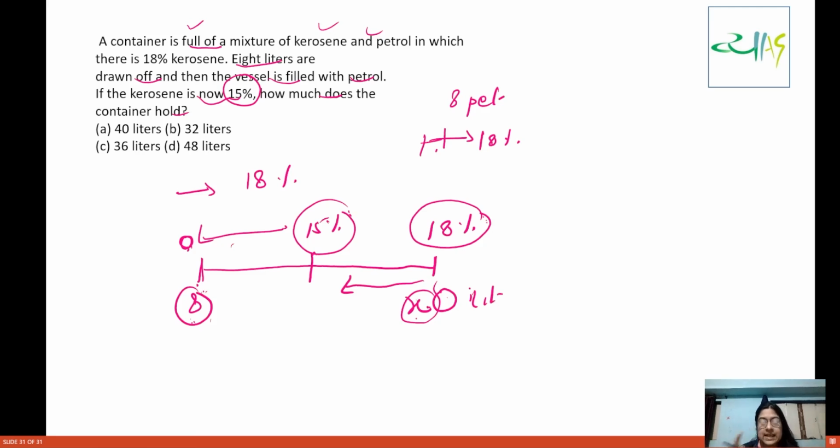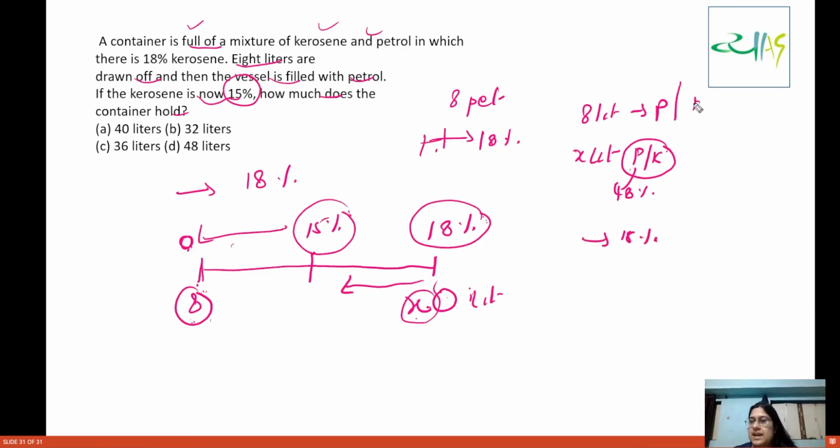Let me explain this in Hindi as well. मान लीजिए पहले आपको बोला होता कि आपको 8 लीटर पेट्रोल दिया हुआ है, ठीक है ना, एंड देन आपने उसमें x लीटर पेट्रोल और केरोसिन का मिक्सचर ऐड किया, जिसमें 18% केरोसिन है। तो अब जो मिक्सचर रिजल्ट हुआ उसमें 15% केरोसिन है। तो मुझे पता है इसमें केरोसिन कितना है? 0% है ना?